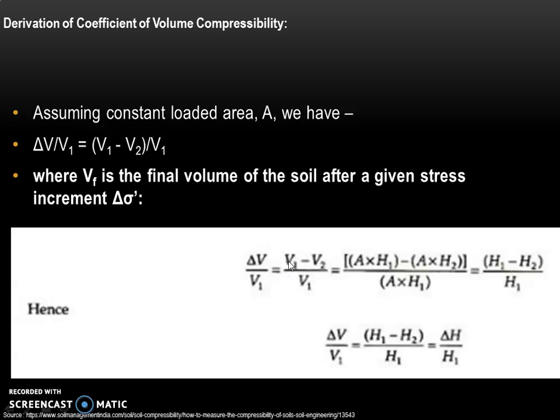And initial volume V1 can be written as area into height of specimen, which is the initial height, H1, minus final volume, that is area into final height of specimen, that is H2, divided by A into H1. When A gets cancelled out, we get equation as H1 minus H2 divided by H1. So delta V divided by V1 can be written as change in height of the soil specimen divided by initial height. So it is delta H divided by H1.